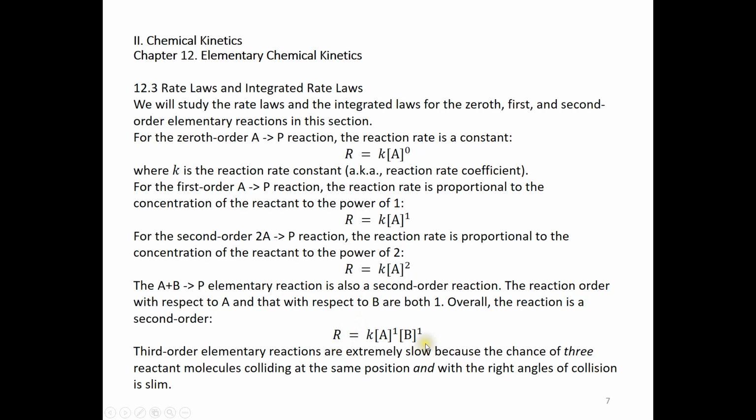Written in this equation, R is k times the concentration of A times the concentration of B. The reaction order is 1 with respect to A, 1 with respect to B, but overall the reaction is second order. 1 plus 1 is 2. Third order elementary reactions are extremely slow because the chance of 3 reactant molecules colliding at the same position and with the right angles of collision is slim.